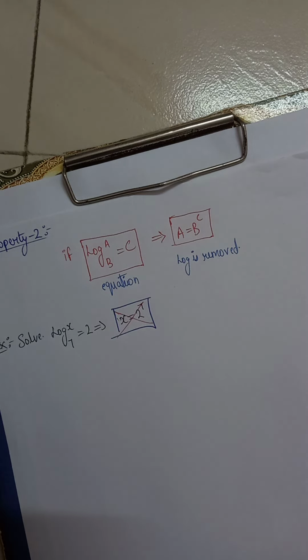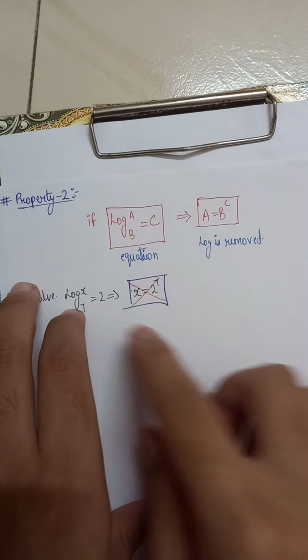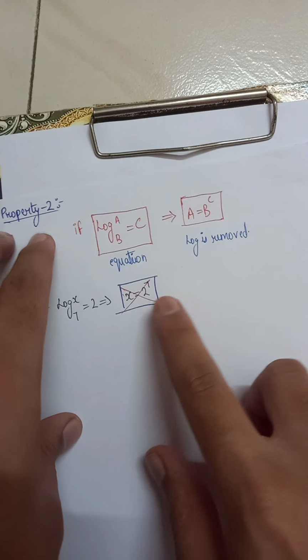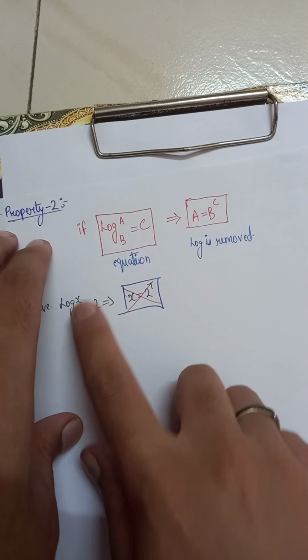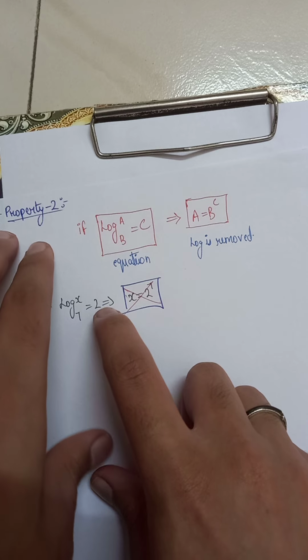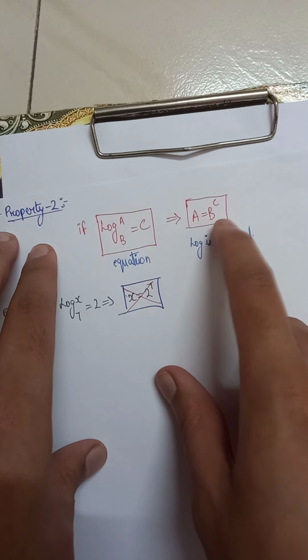Why? Because b is power c compared to the property here, where a is equal to x, b is equal to 7, and c is equal to 2. So if you put 2's power 7, it will become c power b.